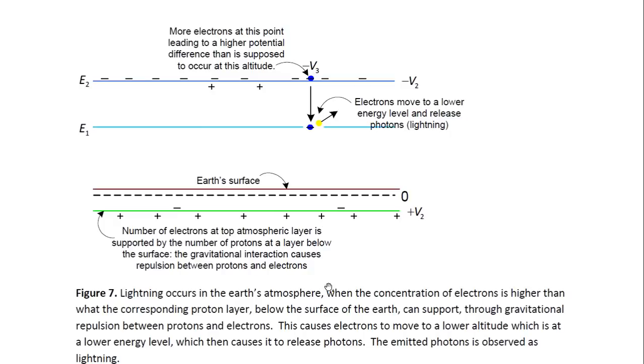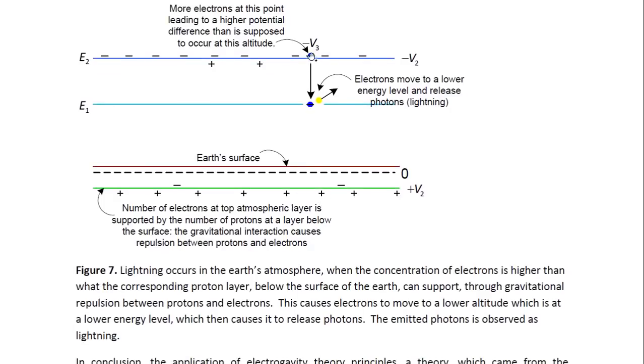And that layer has a corresponding negative potential layer in the Earth's atmosphere. And it is the gravitational interaction which causes electrons to be repelled by the positive protons in the layer inside the Earth, that allows a certain amount of negative charges to be supported at this altitude.